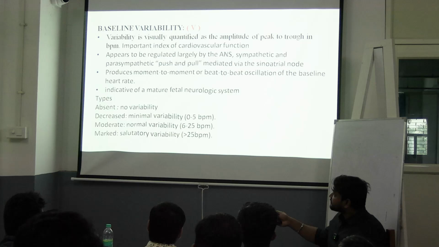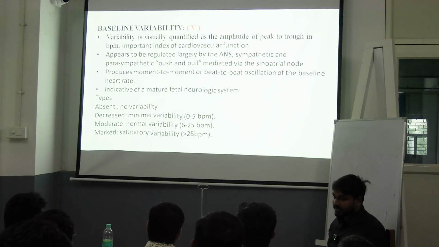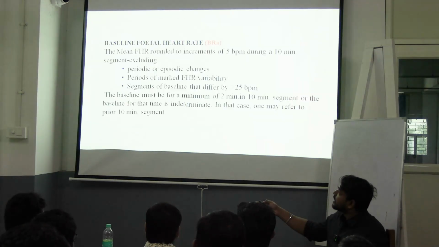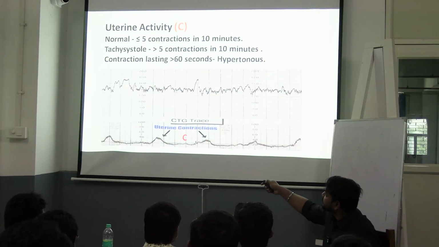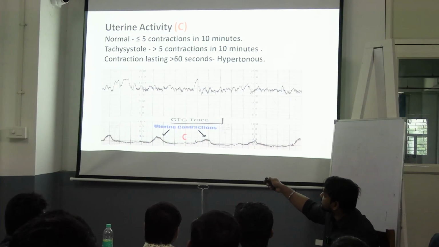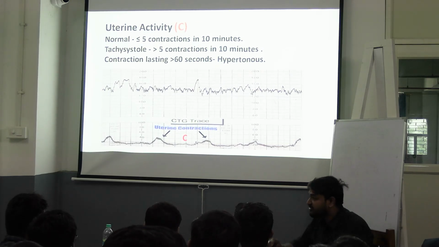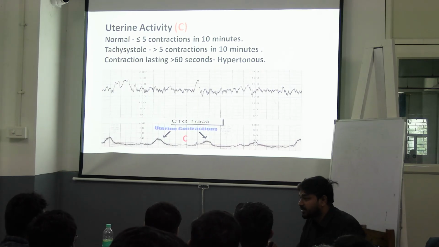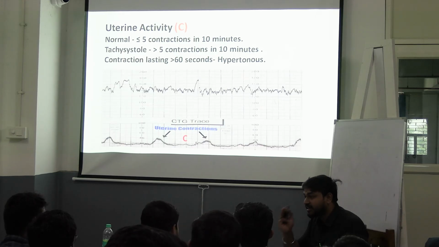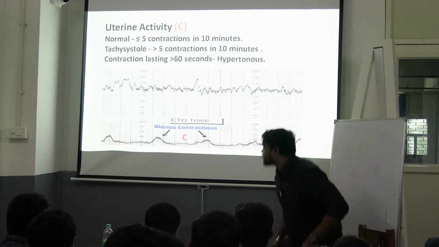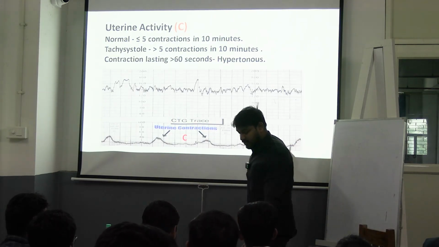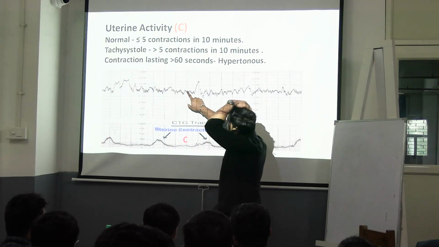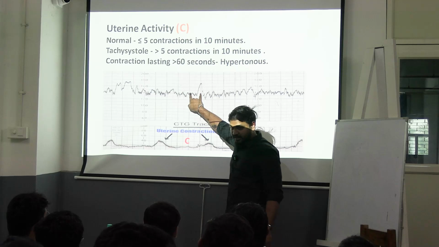Normal variability is 5 to 25 beats per minute in a period of 10 minutes. If you don't understand, I'll explain again. In this 1 minute, there should be an increase of 5 to 25 beats. That is called variability. From here, this is a 1 minute interval.